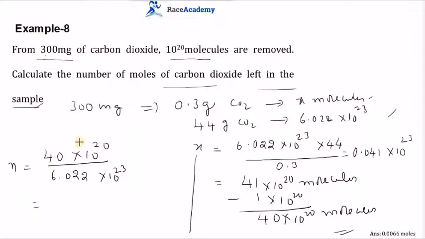So after simplification, I got 0.0066 as the number of moles. So this is the part I have calculated. So hope you understand. It's a very good problem for the examinations. Let us move to the next one.